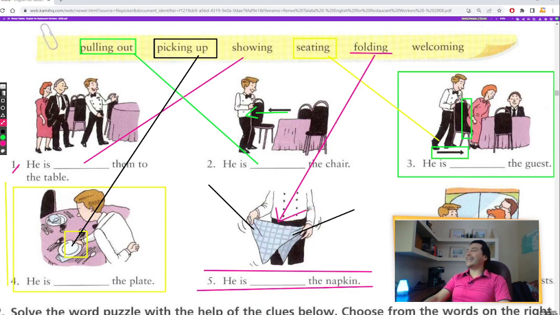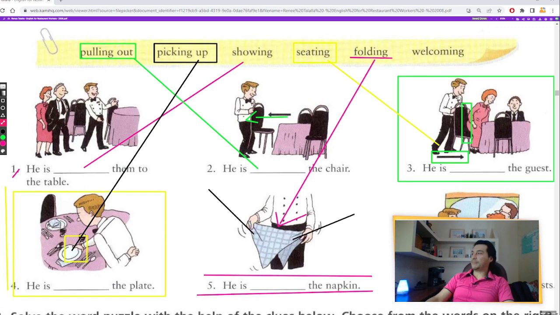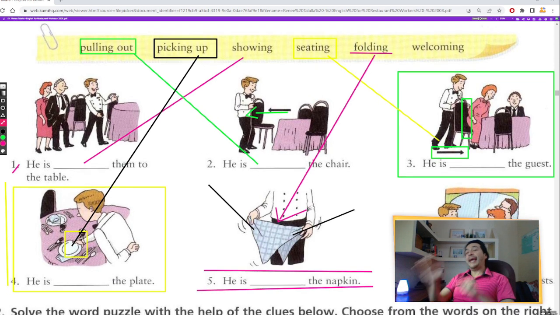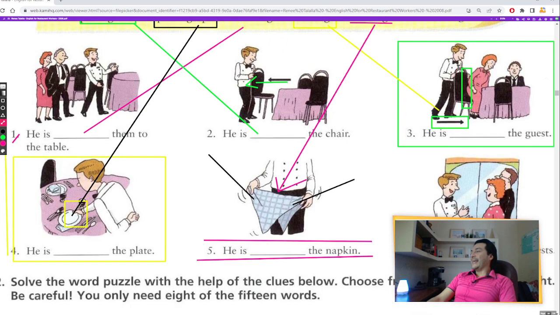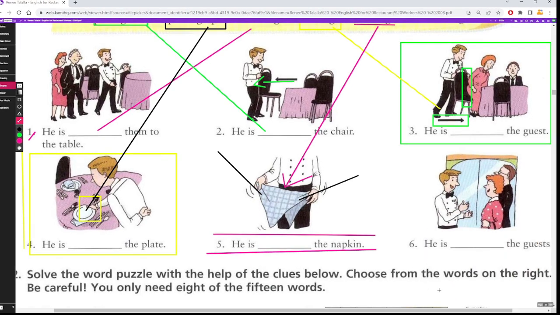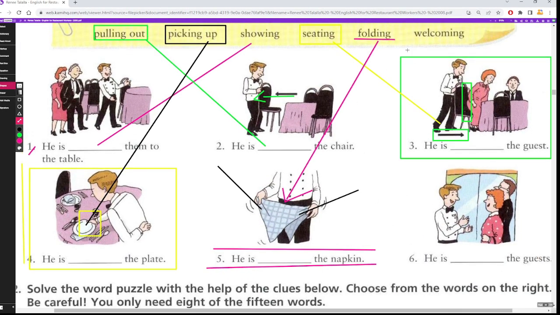He's folding the napkin. And number 6. Look at number 6 right here. He is blank the guest. He is welcoming the guest. Welcoming the guest. He's welcoming the guest.